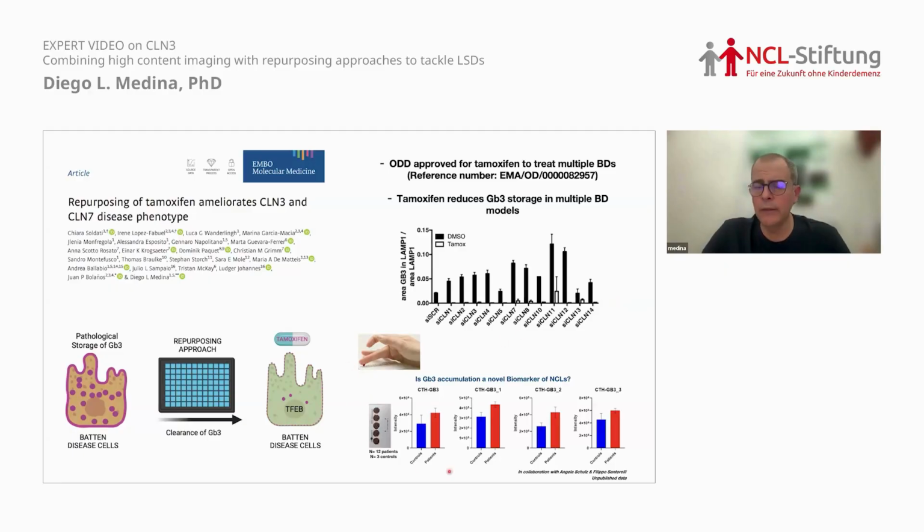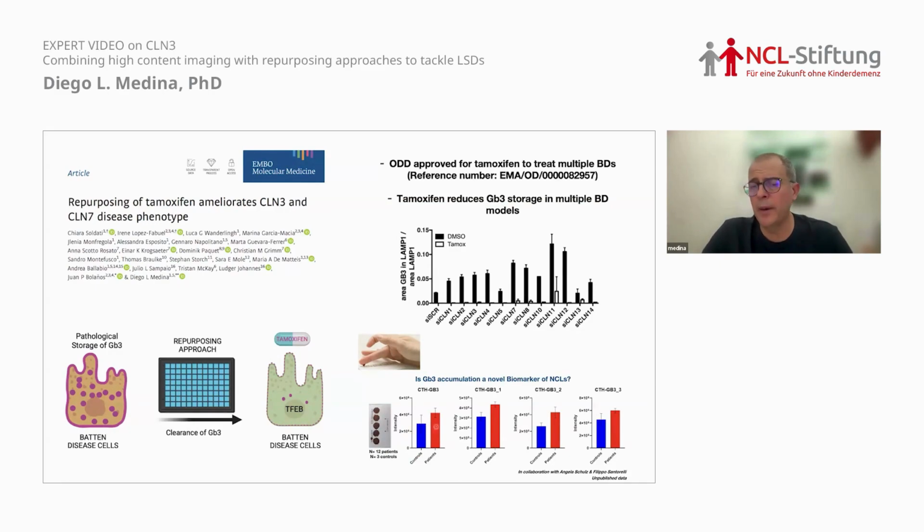And we are also working with clinicians in order to determine whether GB3 accumulation is a biomarker of multiple Batten disease. To do so, we are using dried blood spots. That is a non-invasive technique where you use just several drops of blood, so it's really not invasive for the patient. And there we can perform omics, in particular lipidomics or metabolomics, in order to identify the lipids that accumulate in these patients.